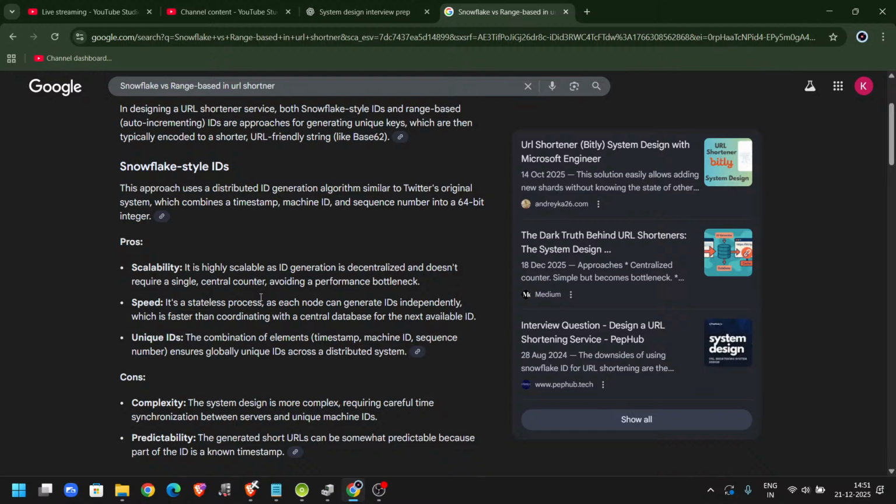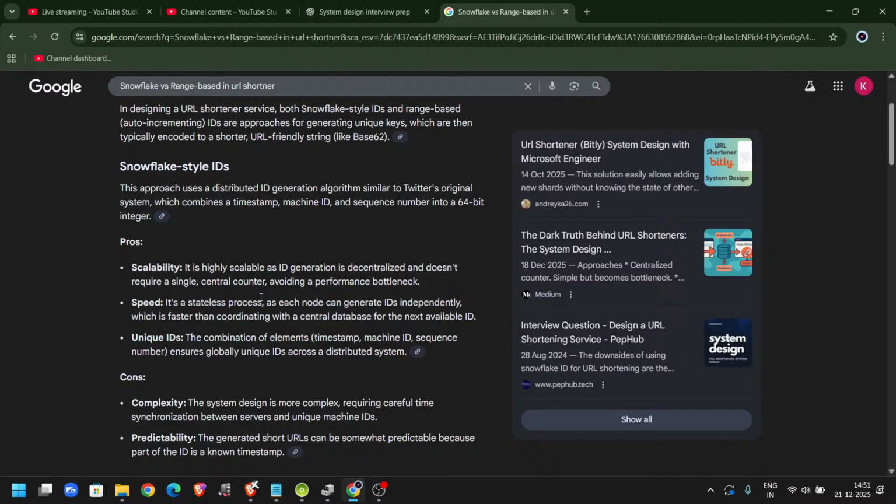It is a stateless process as each node can generate IDs independently, which is faster than coordinating with a central database for the next available ID. And then we have unique IDs. The combination of timestamp, machine ID, and sequence ensures globally unique IDs across a distributed system. So that's also a good thing.